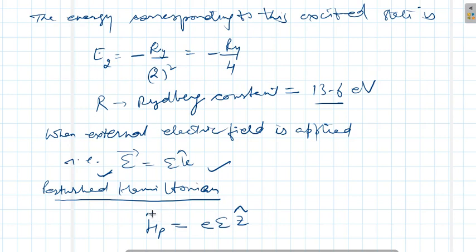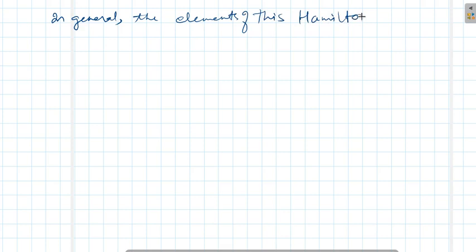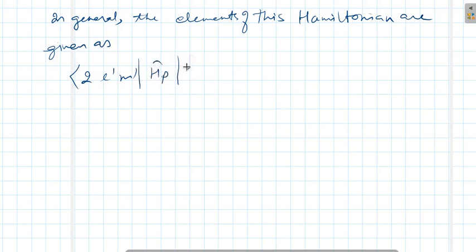So now in general, the elements of this Hamiltonian are given as 2 l' m' H_P 2 l m, which is e epsilon times 2 l' m' z 2 l m, right?